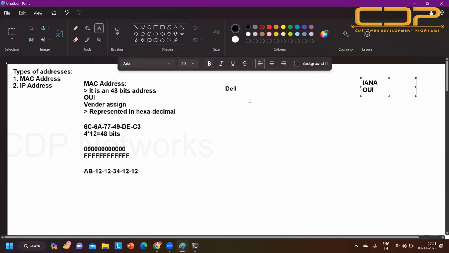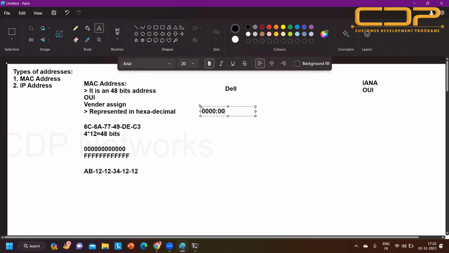So let's say they have purchased one OUI from IANA, and that OUI is, let's say, 000. 24 bits means how many characters? 6 characters, right? Let's say 00:00:00, and I'll use colons here.